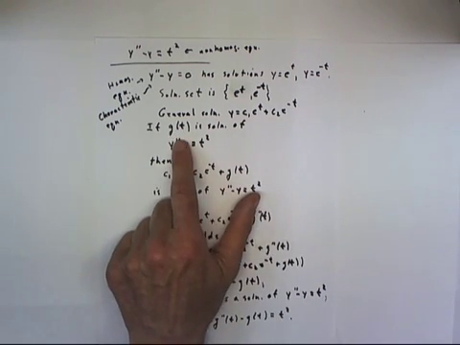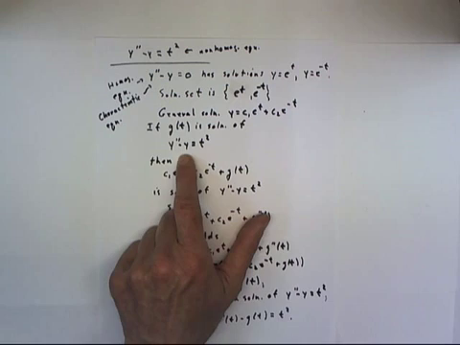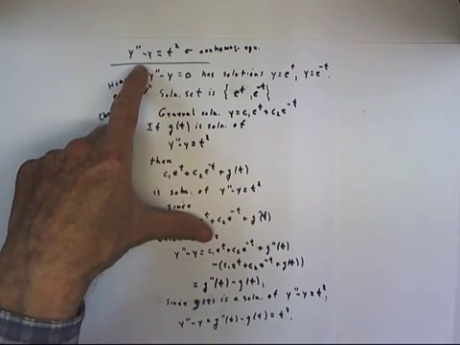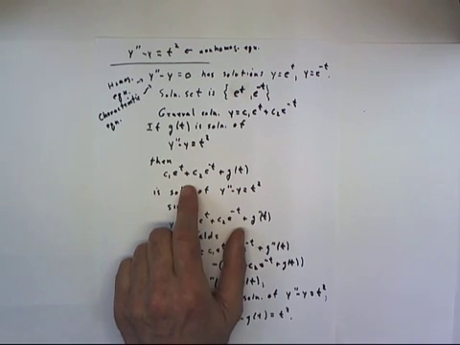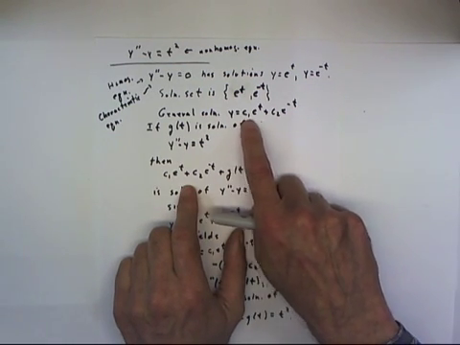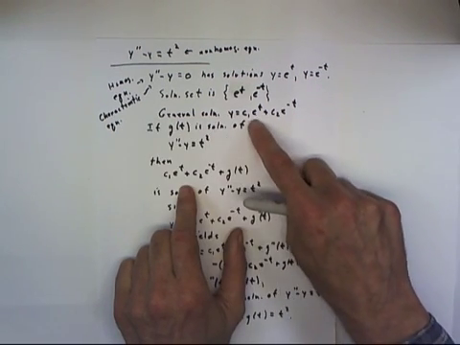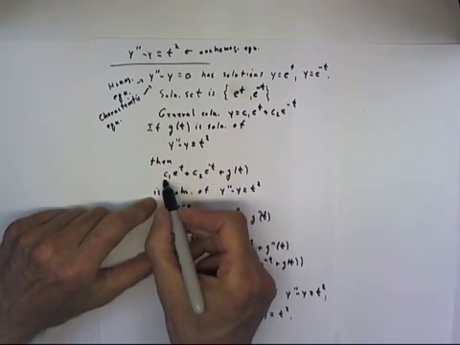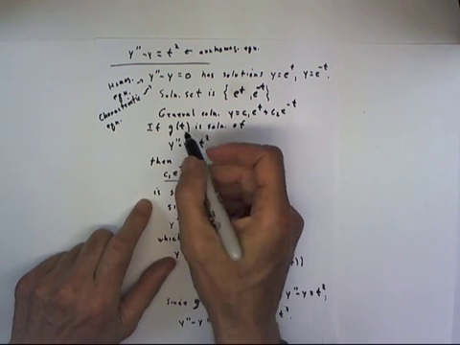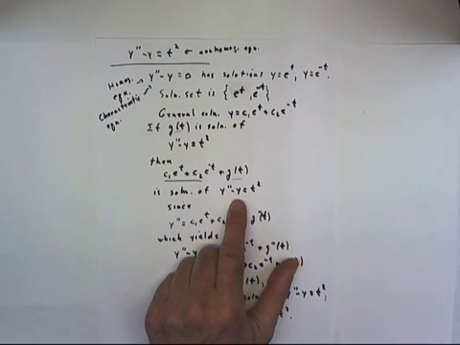I'm going to make the statement: if g of t is a solution of this equation, that is our non-homogeneous equation, then if I add the solution to the homogeneous equation, what we call the characteristic solution, to our g of t here, it's also a solution.